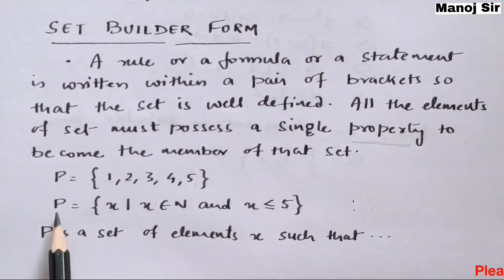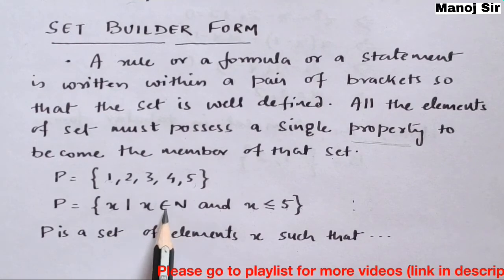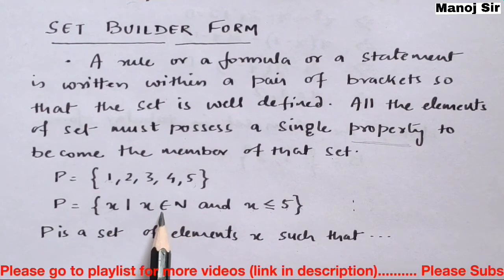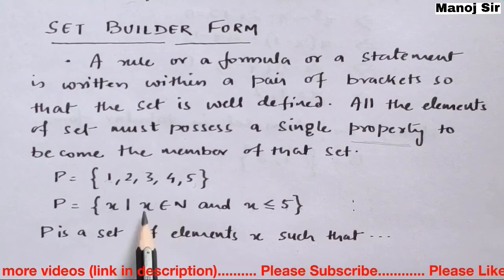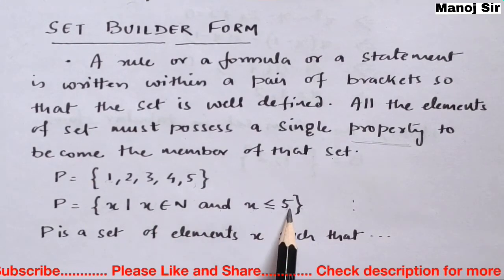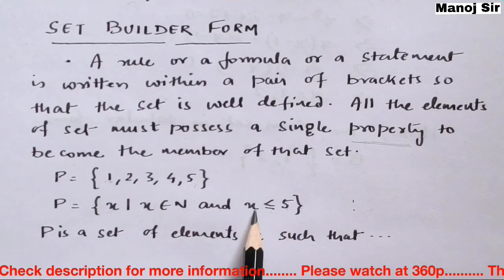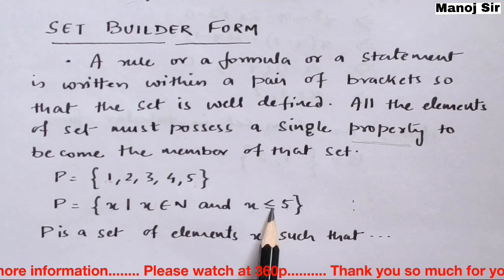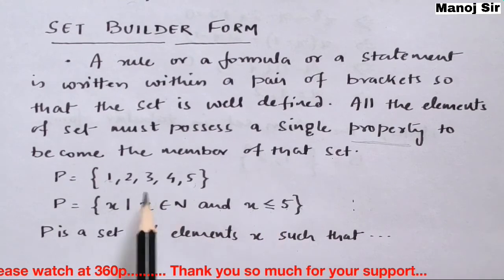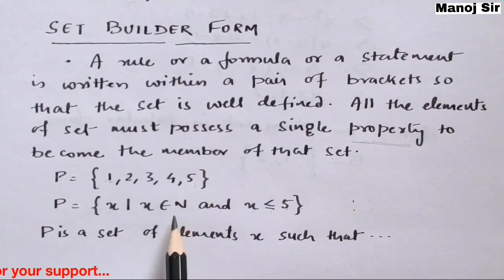So set P is x such that x belongs to, this epsilon symbol is known as "belongs to", x belongs to natural numbers and x is less than or equal to 5. Since the natural numbers start from 1, it is less than or equal to 5, so 1, 2, 3, 4, 5, and these are all my natural numbers.